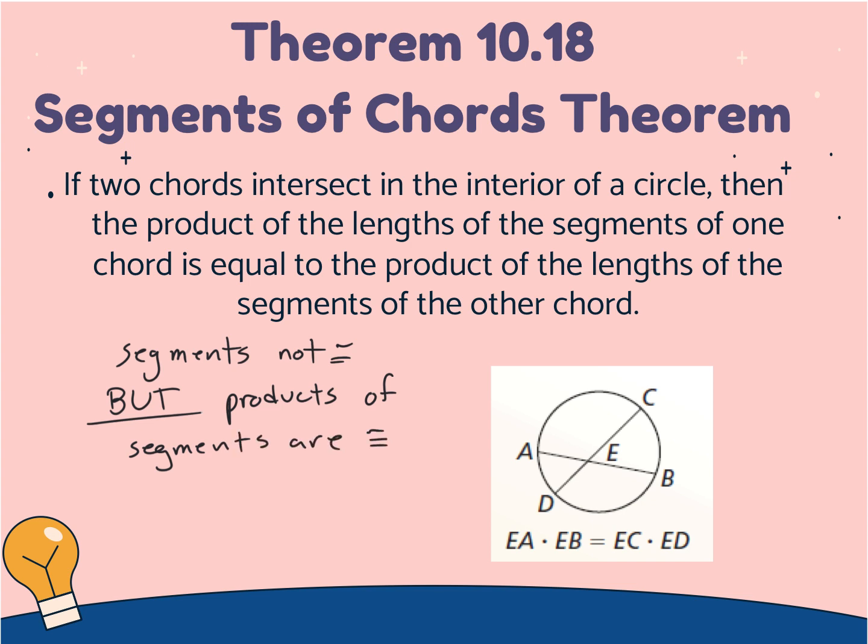So if we have segment AE times segment EB, it's going to be equal to segment EC times segment ED. So just as a quick example, if we say that each product is, let's say, 12, we can do 3 times 4 and 6 times 2, and it's still going to equal 12. The factors are not going to be congruent, but their products are going to be congruent.